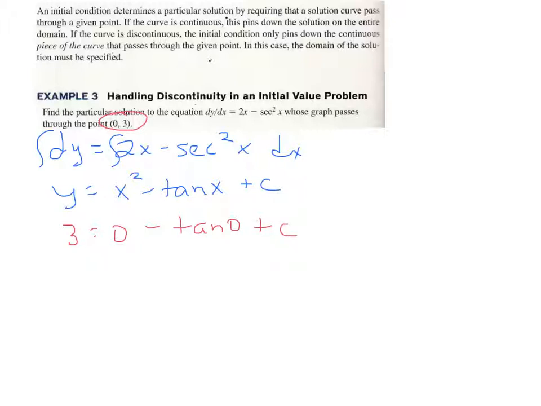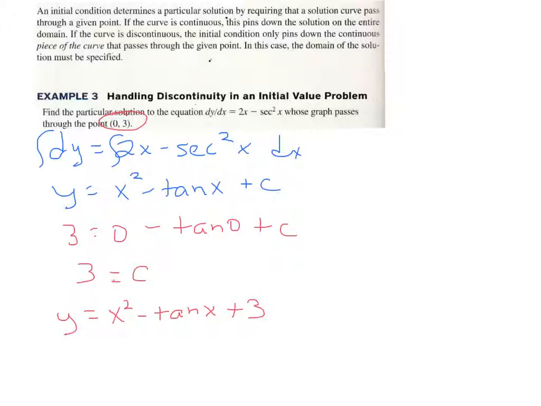And so when that happens, then we have the tan of 0 is 0, and so c equals 3. So our particular solution is y equals x squared minus tan x plus 3, but now we have to limit that domain.